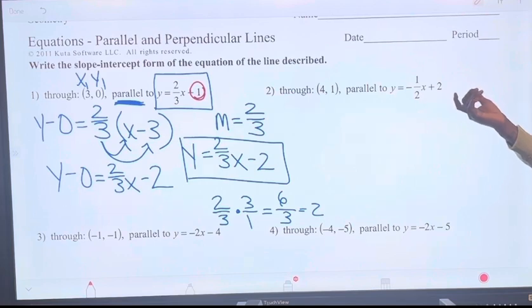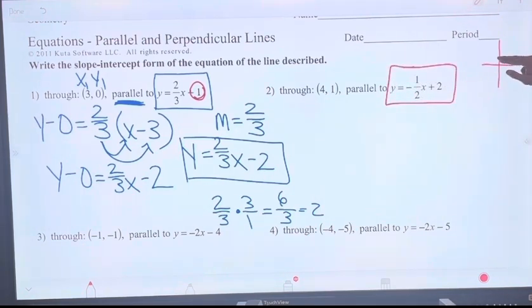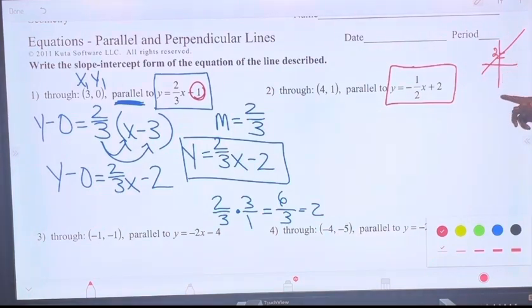All right, Andy. In 2, remember this line, we'll call this one the red. On the graph, this line crossed here. We're about to find a line on that same graph that crosses somewhere else on the y-axis, but it's going to be parallel. So watch.